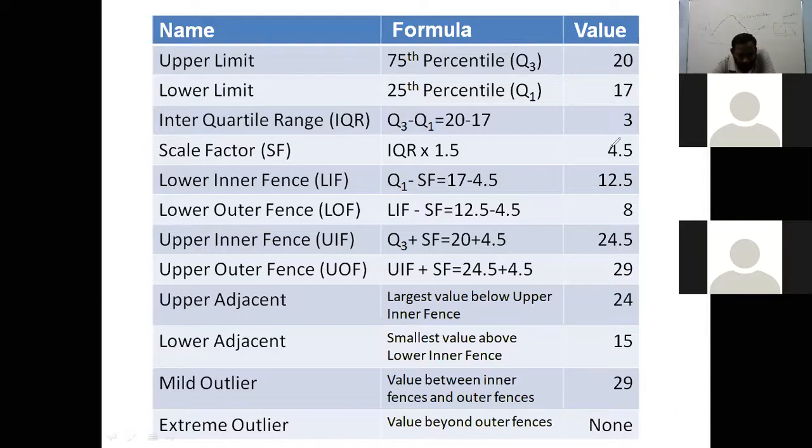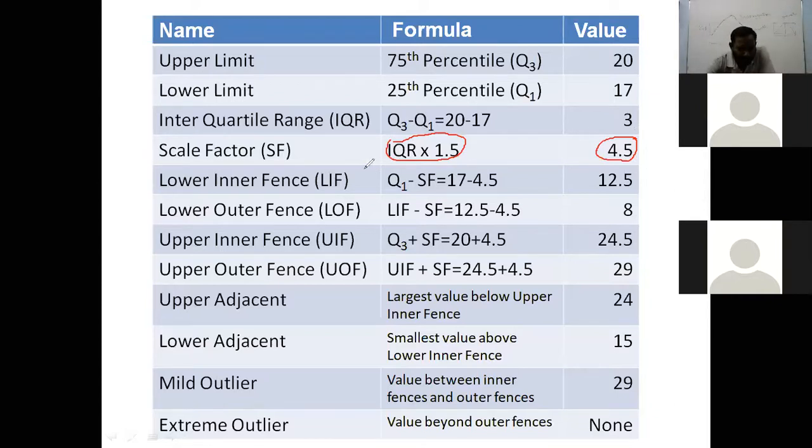The scale factor is IQR into 1.5. So scale factor is 4.5. Can you all hear me? Yes? Right. Okay. So scale factor is IQR multiplied by 1.5. Now we want to calculate some other components.